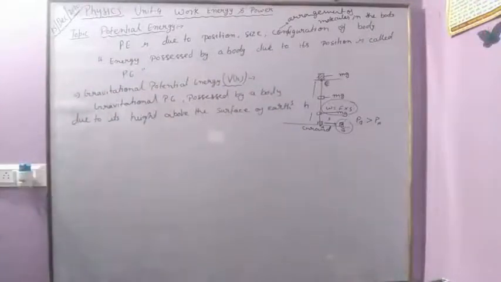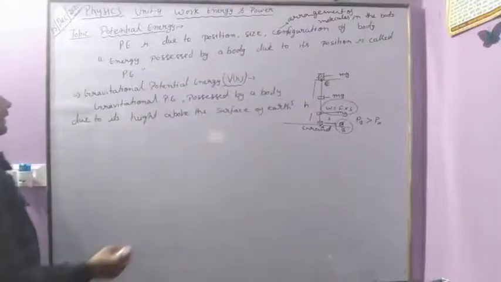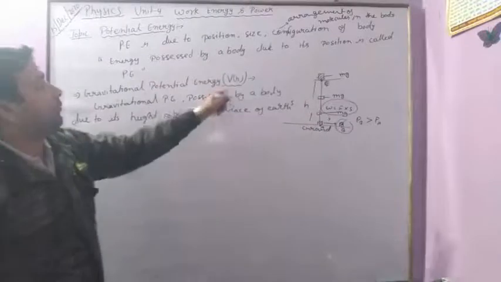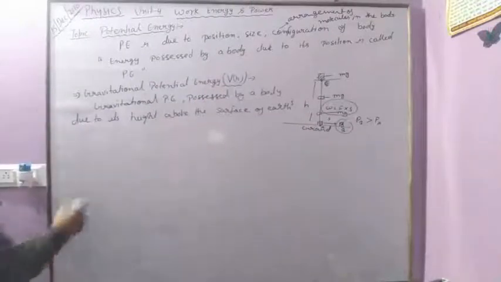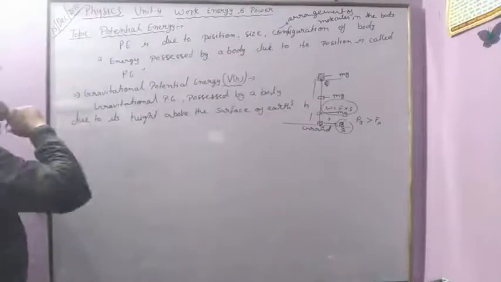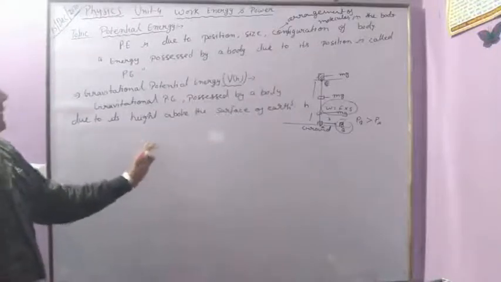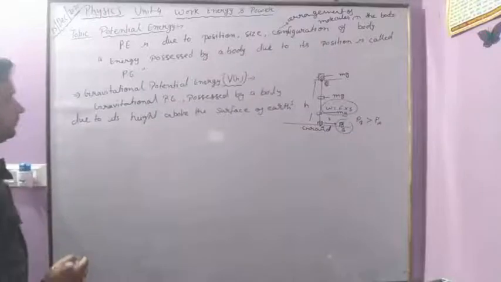This is gravitational potential energy, and as we discussed earlier, it is denoted by V(h). Potential energy has the same unit as energy.